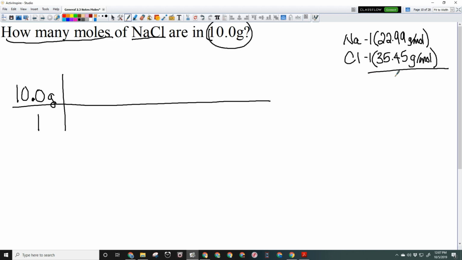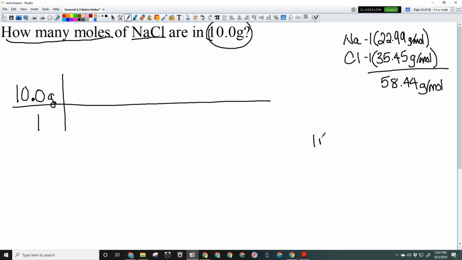If I take my calculator and do 22.99 plus 35.45, I'm going to get 58.44 grams per mole. So what does this mean?